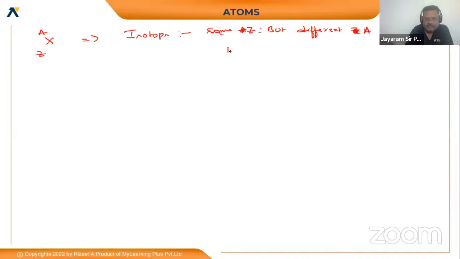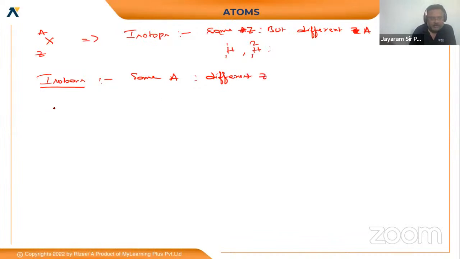You can have a lot of examples, that is H11, H12, H13, anything like this. Next type of topic is isobars. What are isobars? Same mass number, that is same A, but different Z. Next one, isotones. What are isotones? Same number of neutrons.